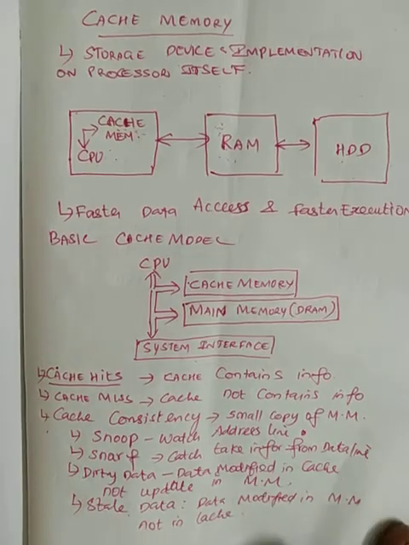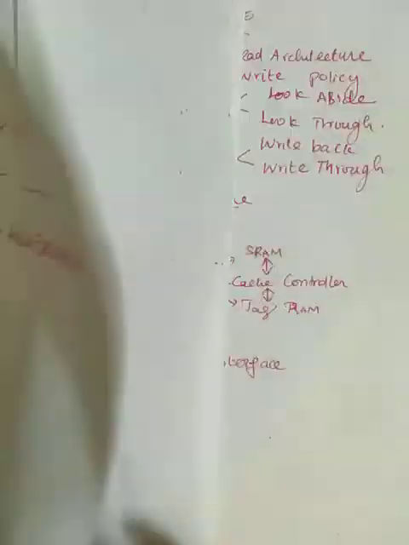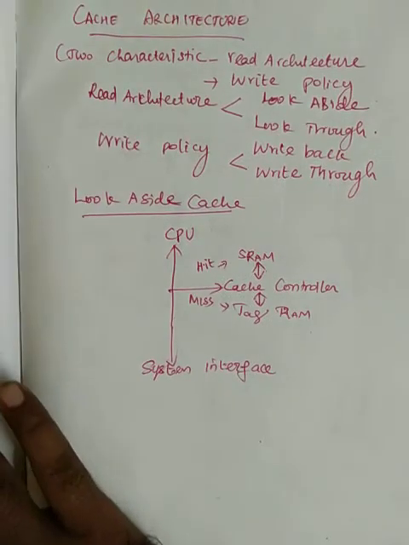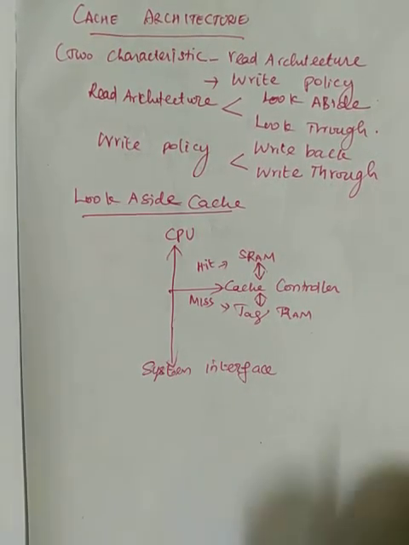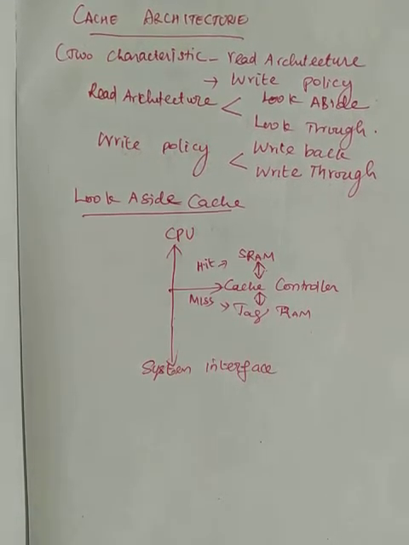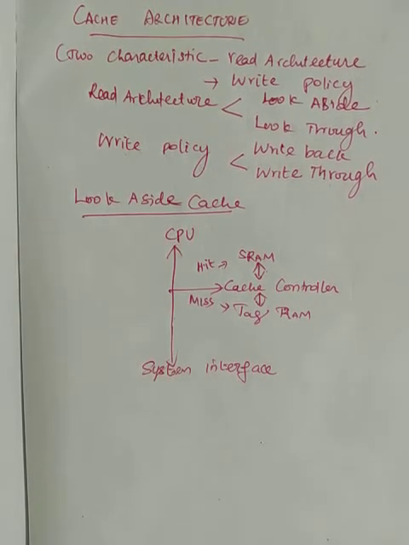Then we need to know some more concepts here. What is the cache architecture? Cache architecture will be classified into 4 types based upon reading and writing operations. Actually there are two characteristics, but 4 techniques we are following.